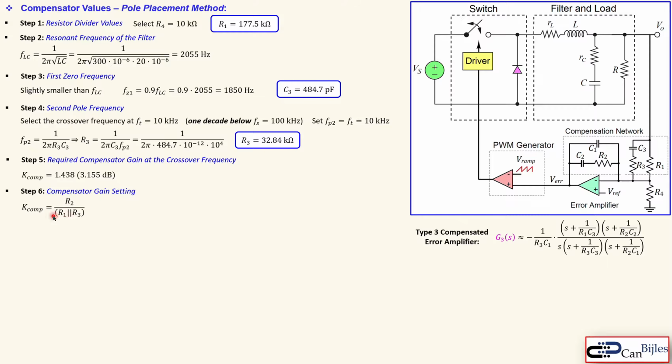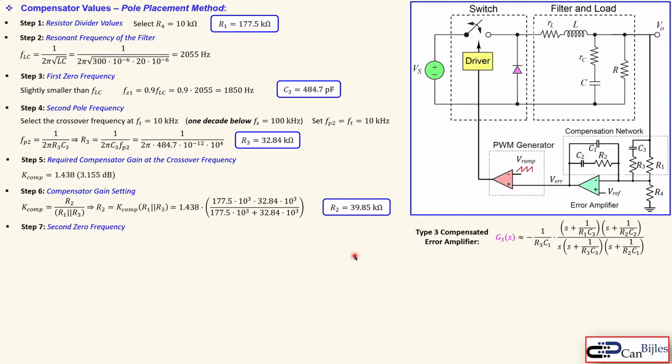And that's the parallel combination, so we need to use the parallel formula. So R2 is then given by this expression. Just rewrite this formula. We need to have the parallel combination of R1 and R3. That can be then like so. So use this K compensator and also the value for R1 and R3 here. And that will give you for R2 39.85 kilo ohms.